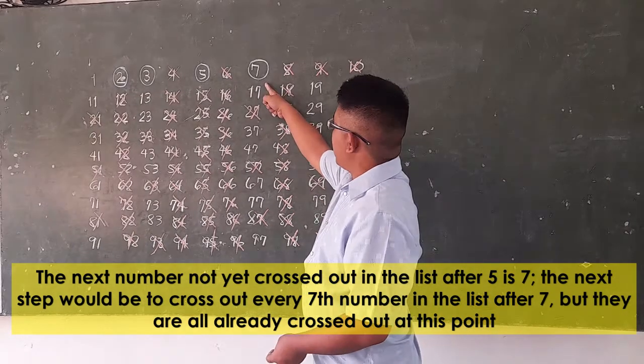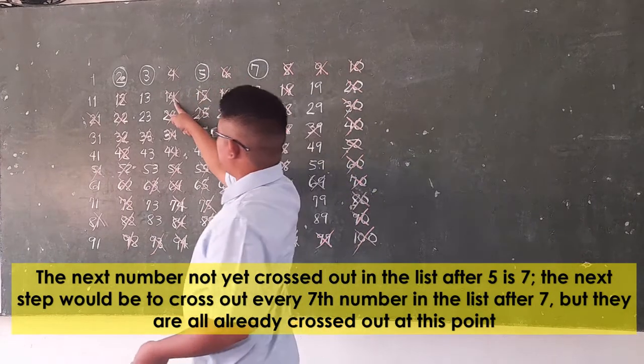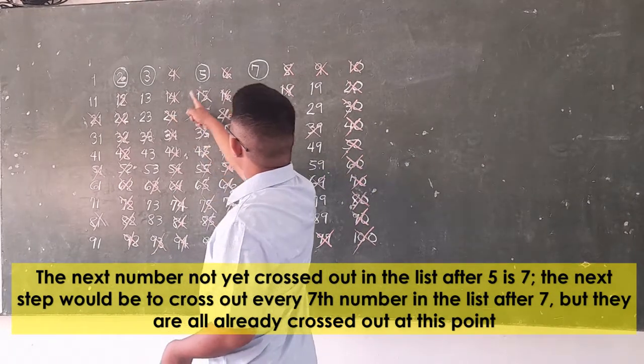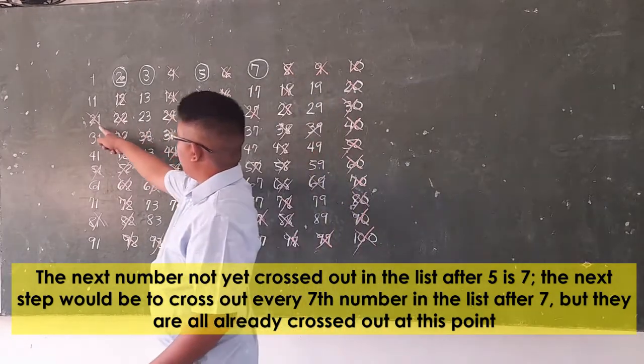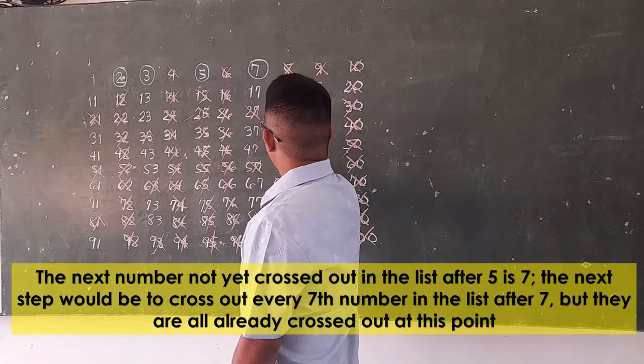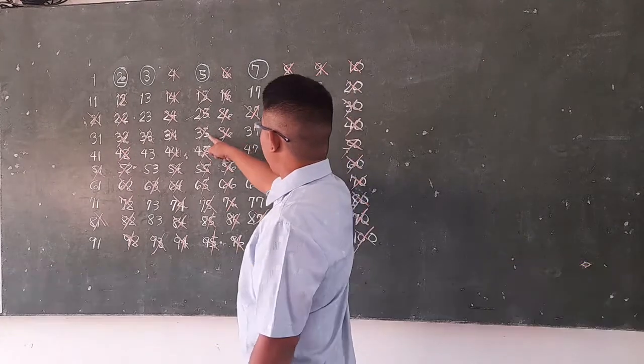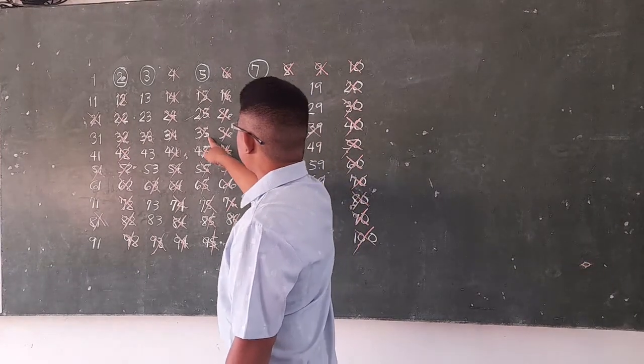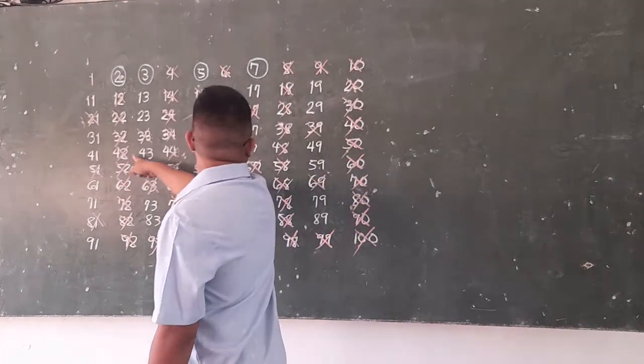So 7 plus 7 is 14, still there. 14 plus 7 is 21. 21 plus 7 is 28. 28 plus 7 is 35. Plus 7 is 42. Plus 7 is 49.